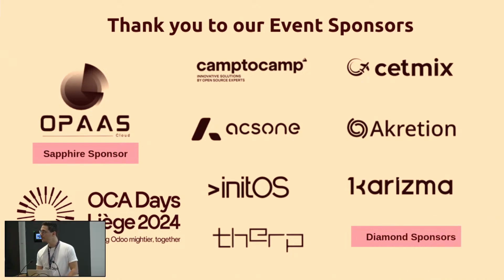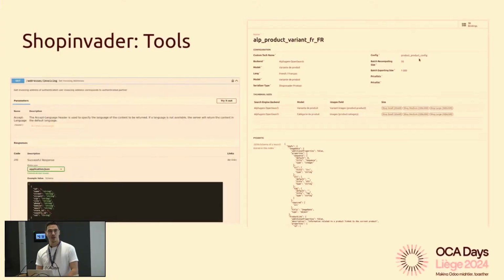I see that I went a bit fast, so I still have a couple of minutes, I think. I can quickly show you those tools that I talked about that will help the front-end developer work with Shopinvader. With FastAPI, you have this kind of interface where you can see all the schemas of the API, and you can try some requests to the API on the left side.